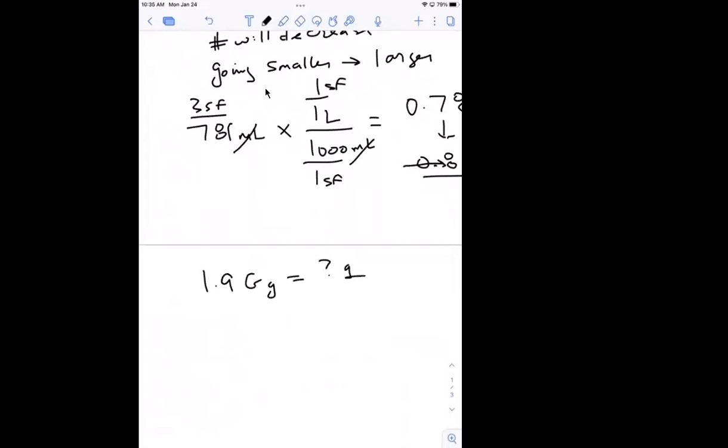Anybody? If you have that chart that I gave you the other day, feel free to use it. Is it a billion? It's a billion. 1 times 10 to the 9th. So giga, that prefix is 1 times 10 to the 9th or 1 billion.